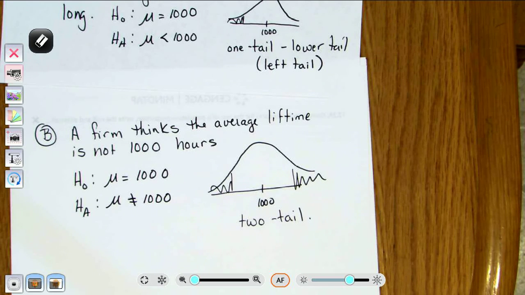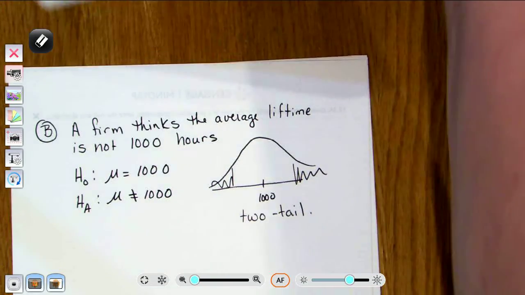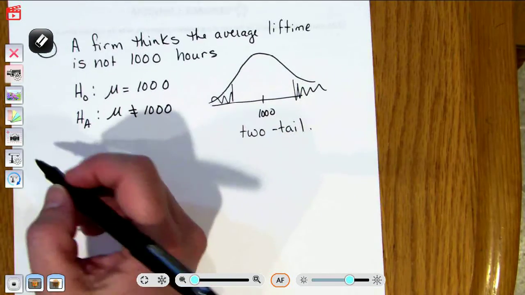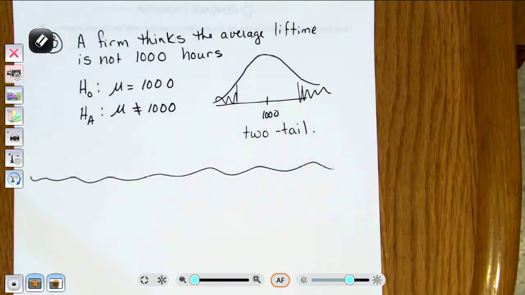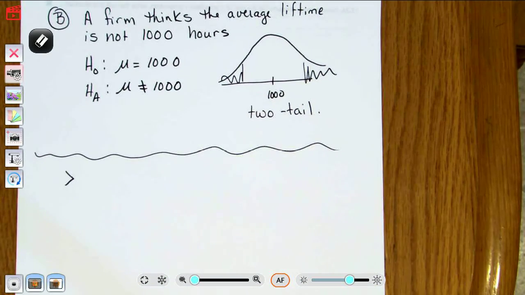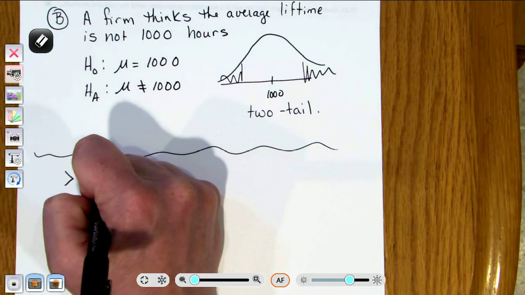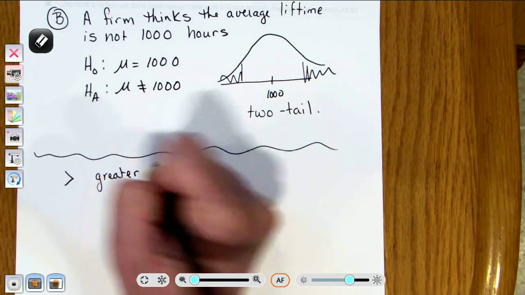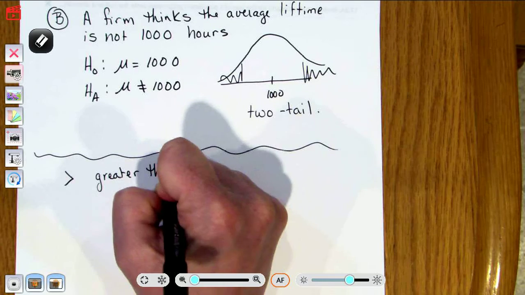Okay, just to get a list of some words that'll help us determine what we have, I want to create a list of some of the words that we might see to represent some of these symbols. So this greater than symbol, we could see the words greater than.